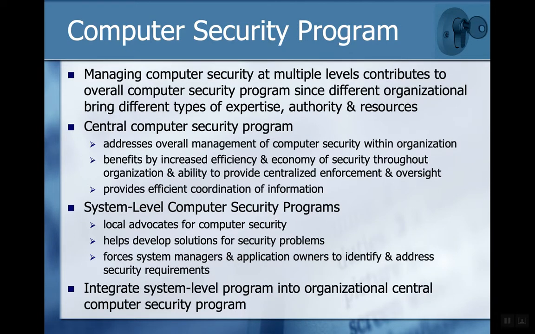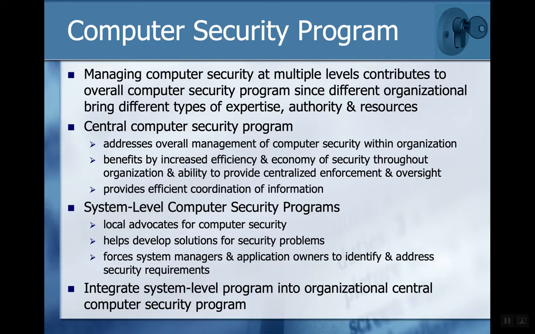What's the program itself? What a security program is supposed to do is manage computer security at multiple levels of an organization. It's not a monolithic thing. It comes in different dimensions and aspects.